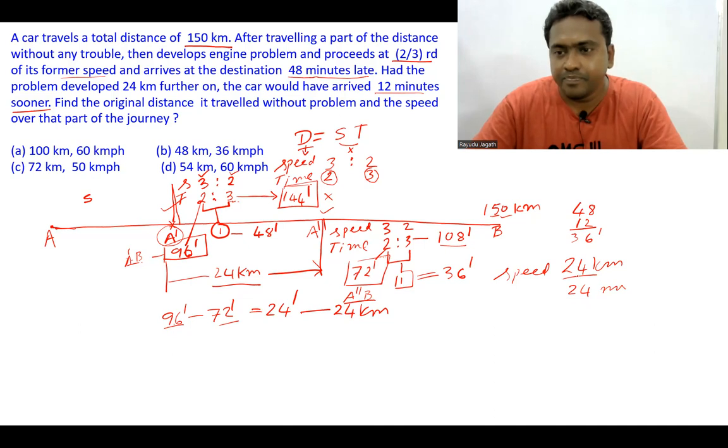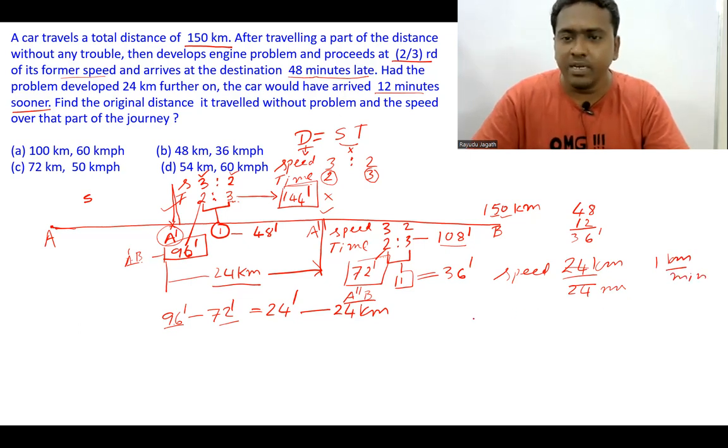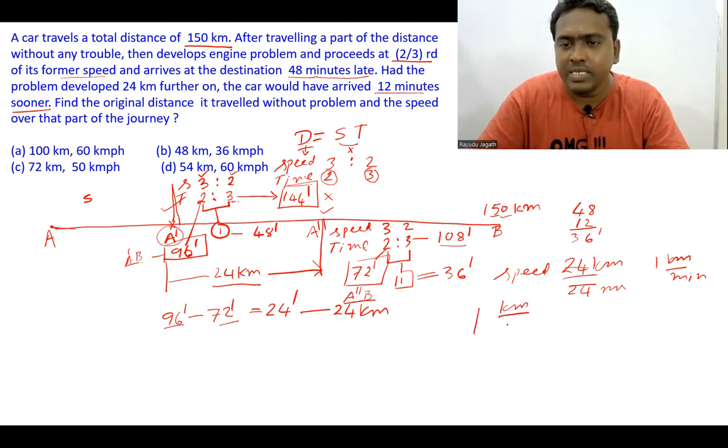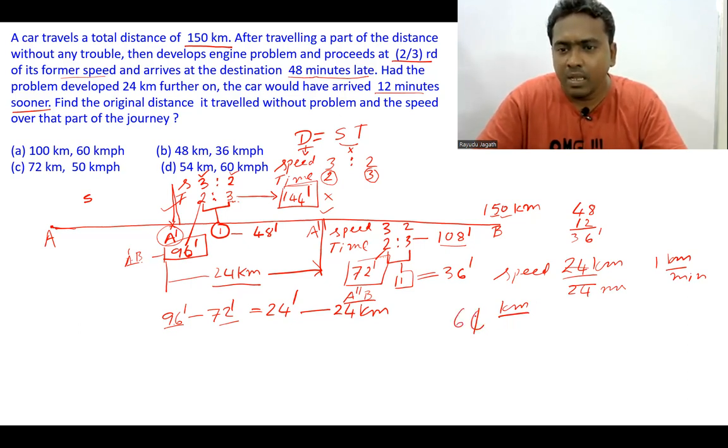Or else, cancel: 1 kilometer by 1 minute. 1 kilometer per minute will be the scheduled speed. So 1 km per minute is 60 per 60 minutes, 1 by 60 hour. Therefore, 60 kilometers per hour will be the scheduled speed of the car.